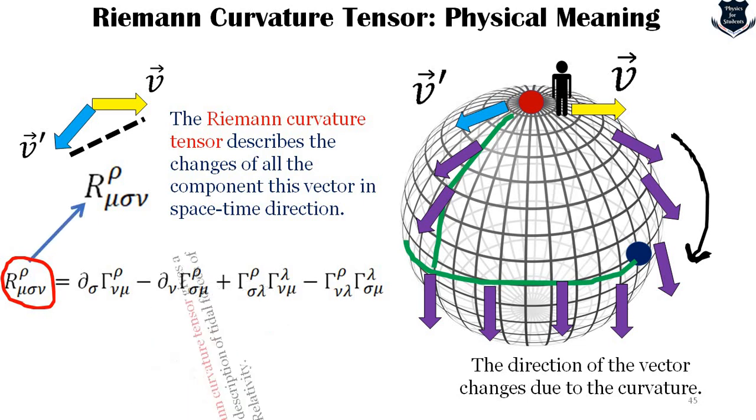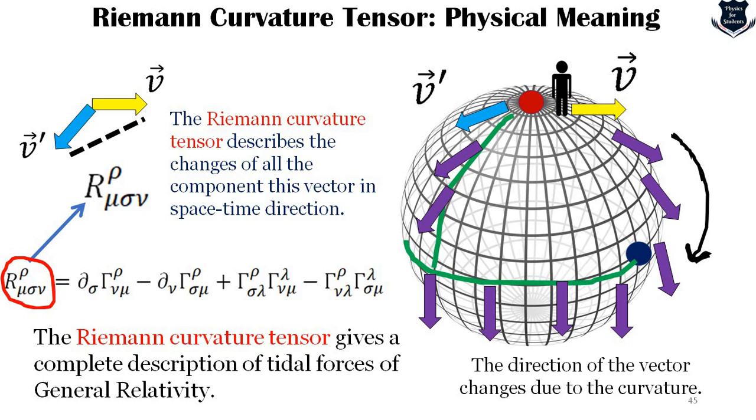So what we can tell is the Riemann curvature tensor gives a complete description of the tidal forces of general relativity, which we will deal with later, but this is also important. What is important in the Riemann curvature tensor is that when we parallelly transport the vector, the difference that it makes describes the change of the components of this vector.